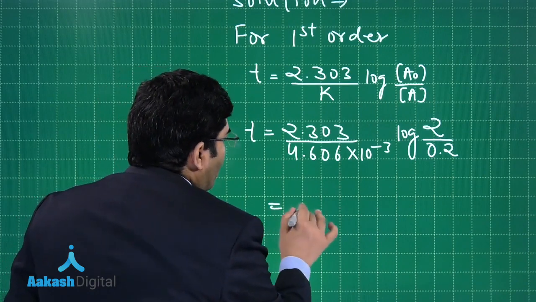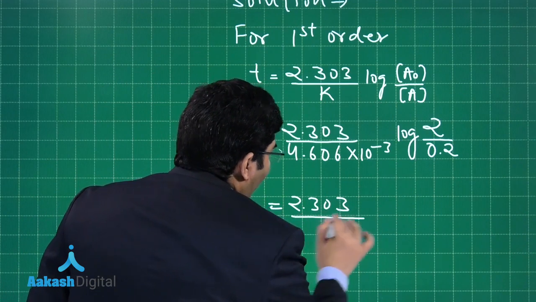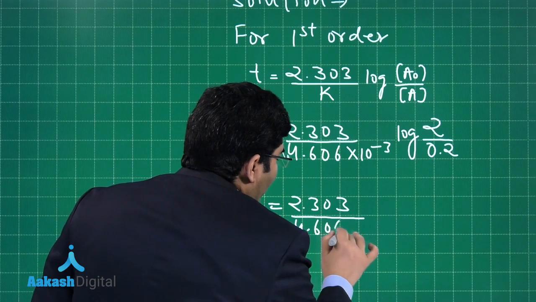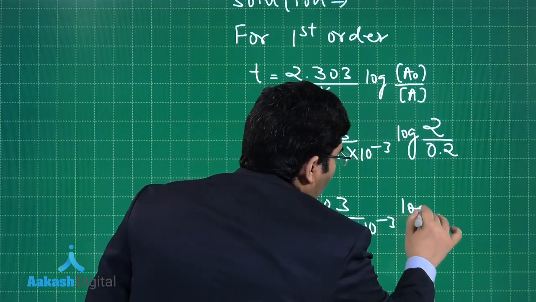So this will be 2.303 divided by 4.606 into 10 to the power minus 3 log.